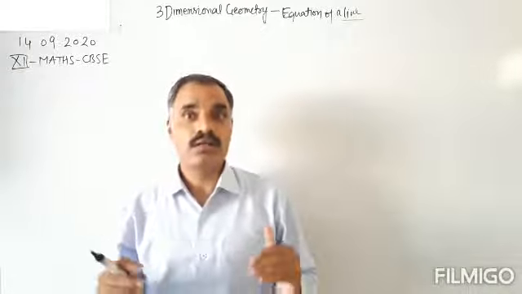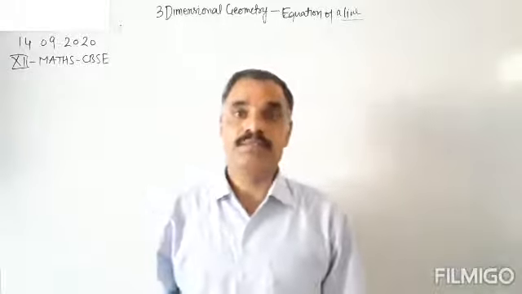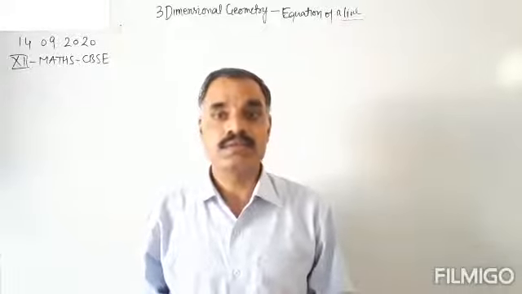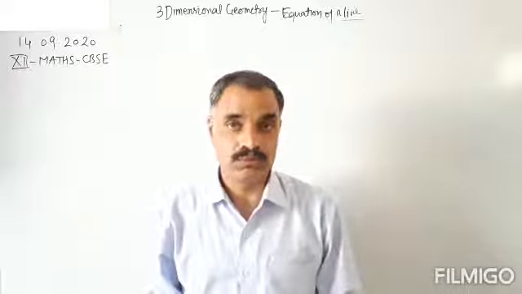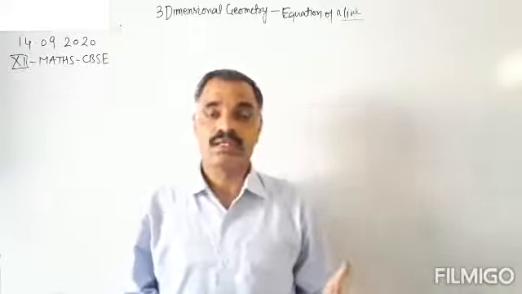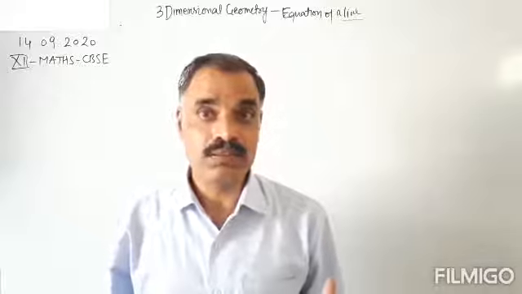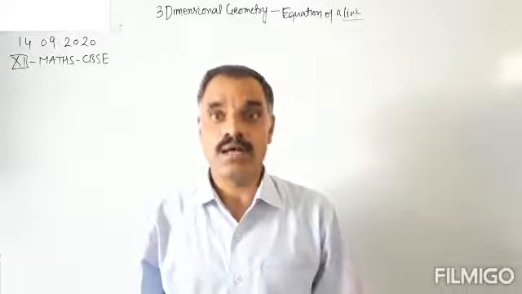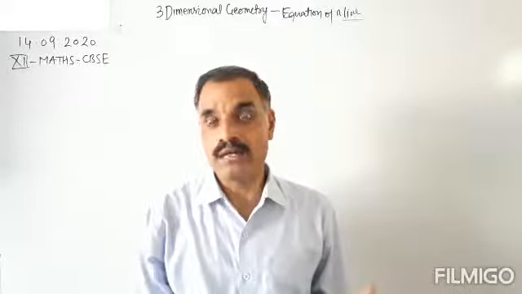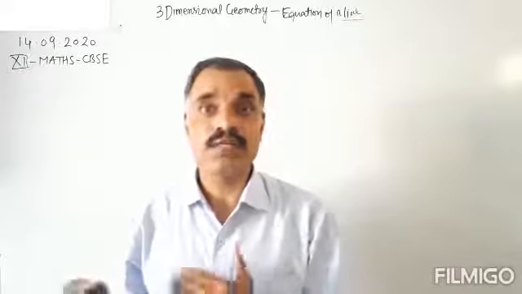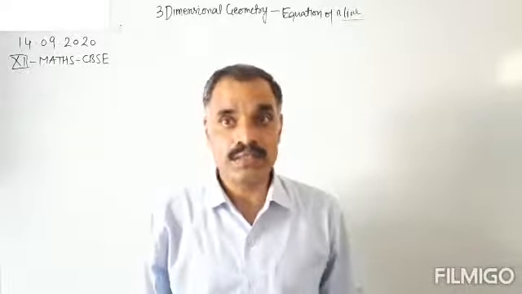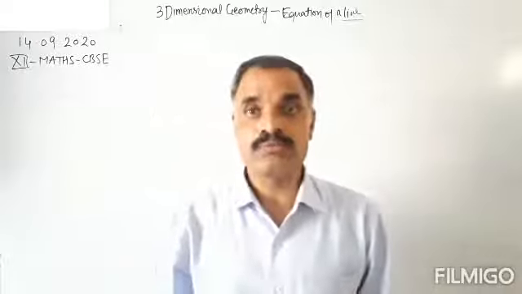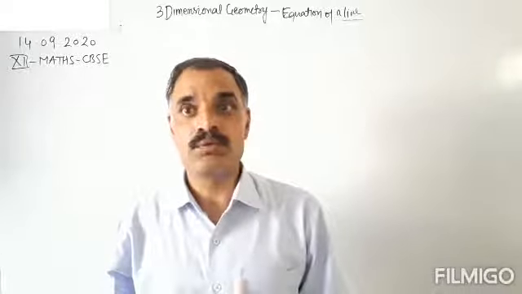The basic concepts or foundational theory of three-dimensional geometry we have already given in previous videos, to see what is meant by the direction cosine, what is meant by the direction ratio, what is the relation between direction cosine and direction ratio, how to find direction cosines of a line, and what the direction cosines of the different axes, that is x axis, y axis and z axis, are. All these are contained in the previous videos, that is vector algebra part number 1, 2, 3, 4, 5.